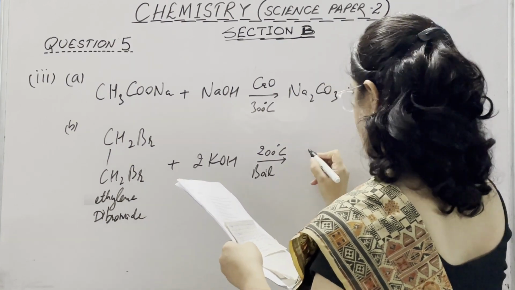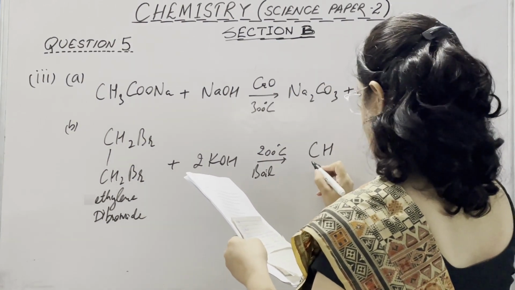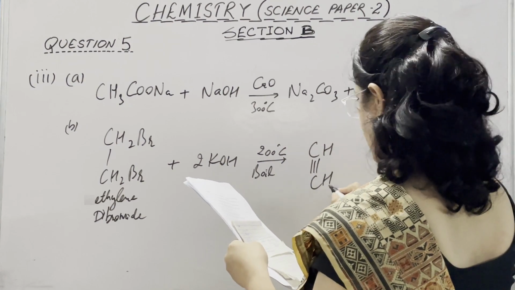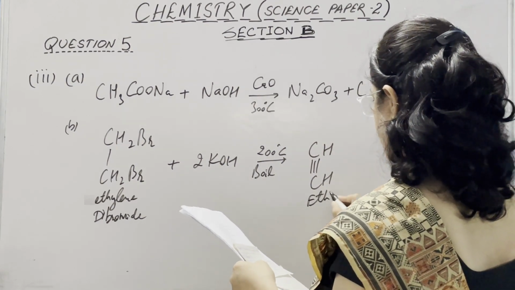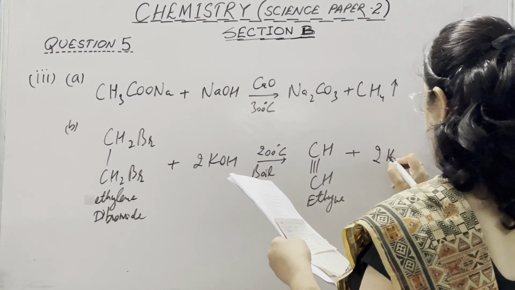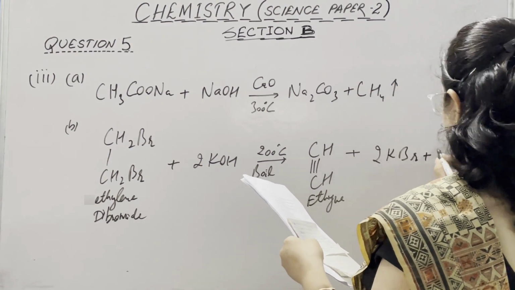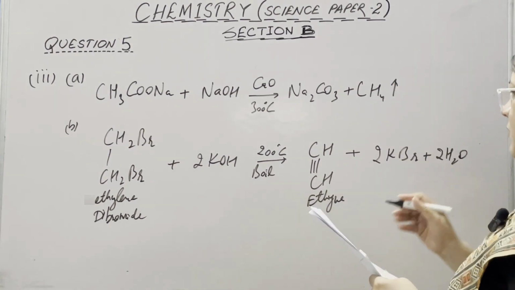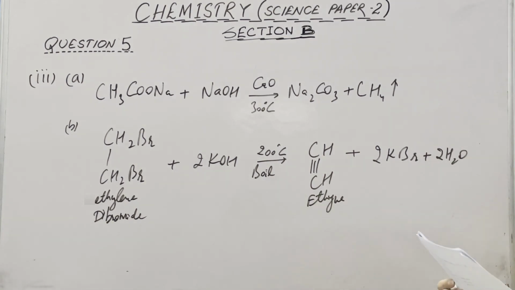If we are boiling, then CH triple bond CH, it means ethyne, is produced along with 2 KBr and 2 molecules of water.